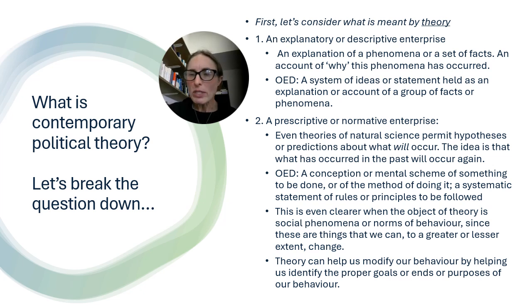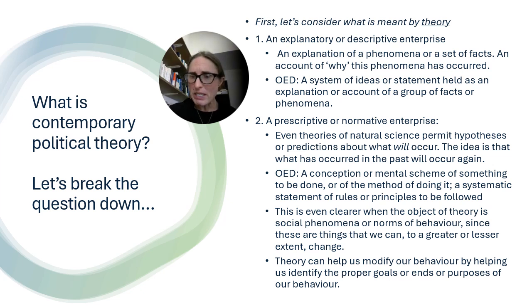But theory also has, even in science, a prescriptive or normative enterprise. Even theories of natural science, as philosophers of science have explored, permit hypotheses or predictions about what will occur. The idea is that what has occurred in the past will occur again.